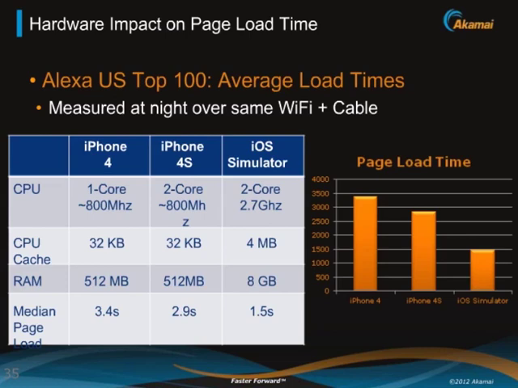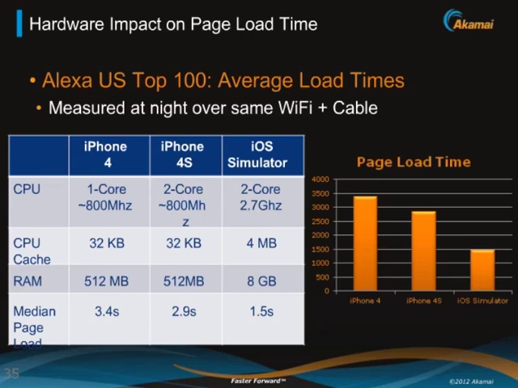The iOS simulator is designed such that it actually uses the hardware it runs on. It doesn't try to simulate mobile hardware. So basically, we're using the same software on the iPhone 4, the iPhone 4S, which has double the CPU but is otherwise similar, and on the iOS simulator on a significantly more powerful device. And this is just the top 100 websites and just loading, so it's not significant JavaScript actions.